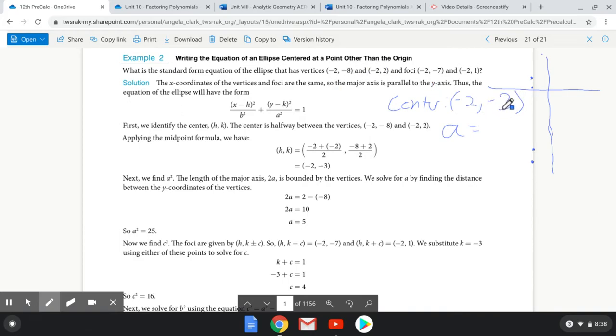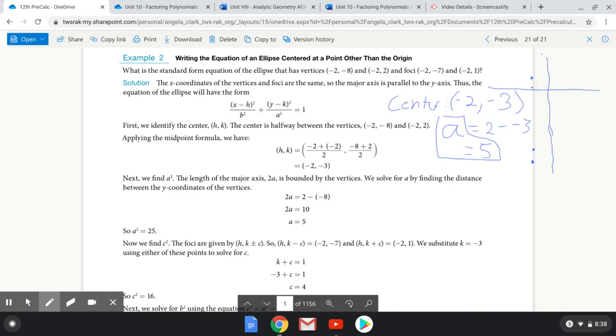So I could say that's 2 minus -3, right? Or -3 minus -8 would be another way to do that. So that's going to be 5. So A is 5. A equals 5.